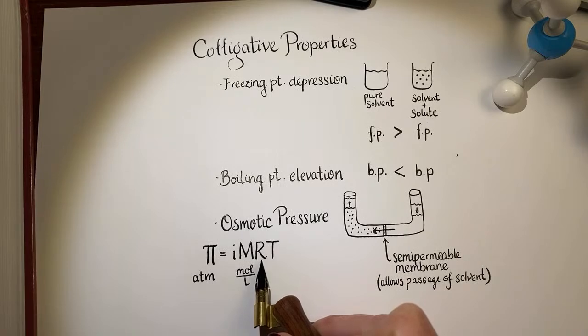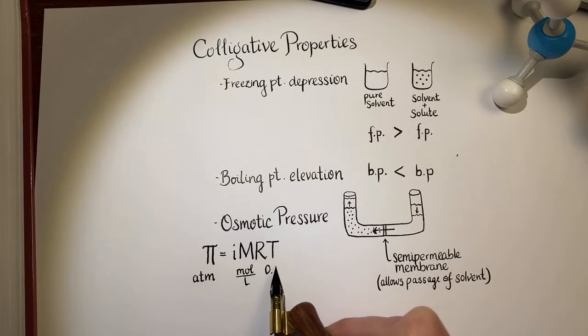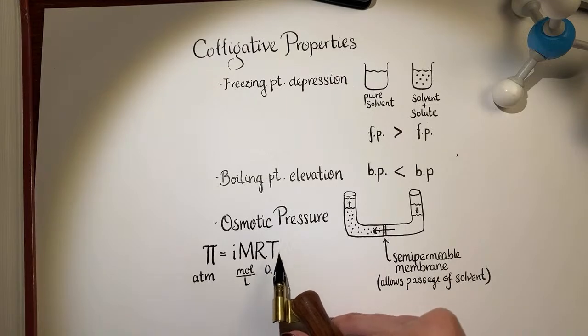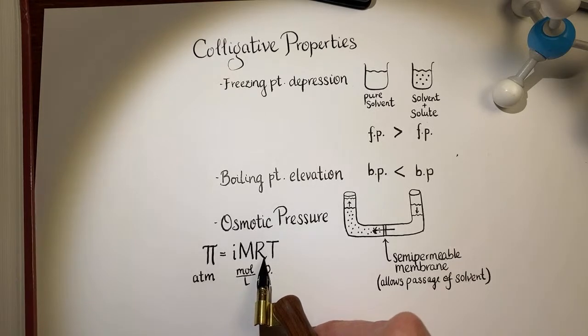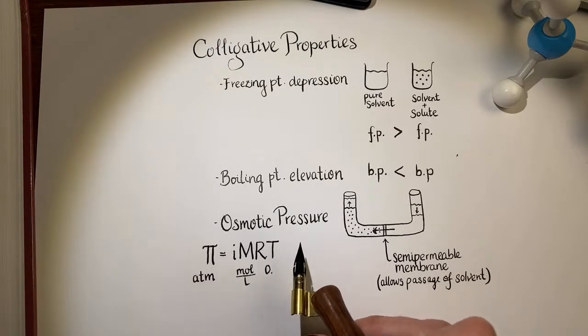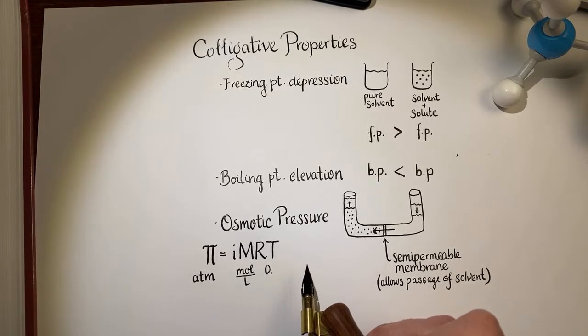Okay, the gas constant. So gas constant. We are going to use the form that's used for gases where we have liters atmospheres per mole Kelvin, as opposed to the gas constant that is joules per mole Kelvin.